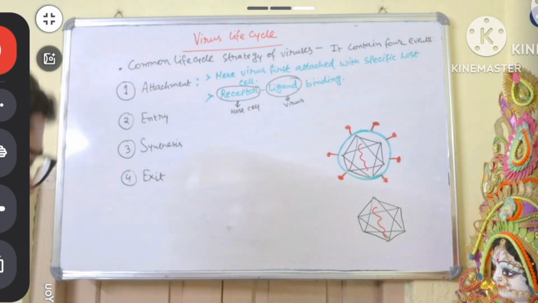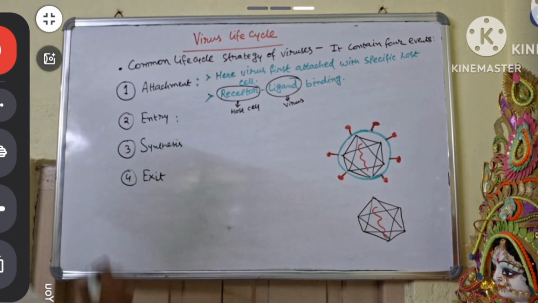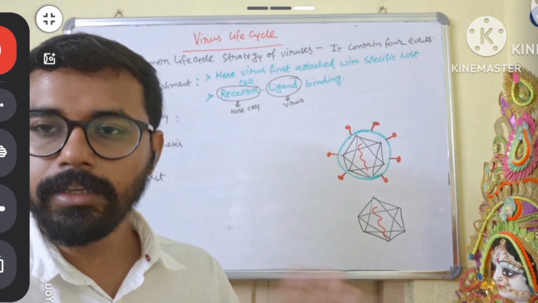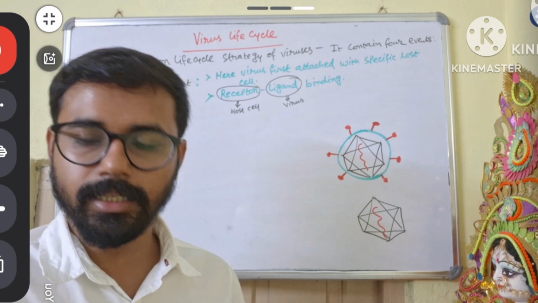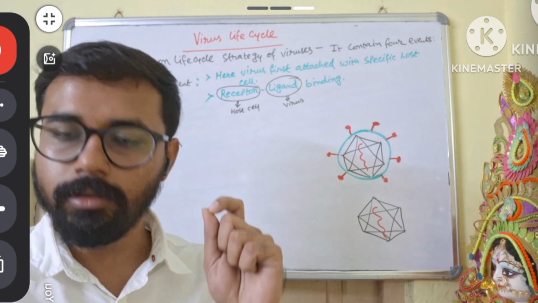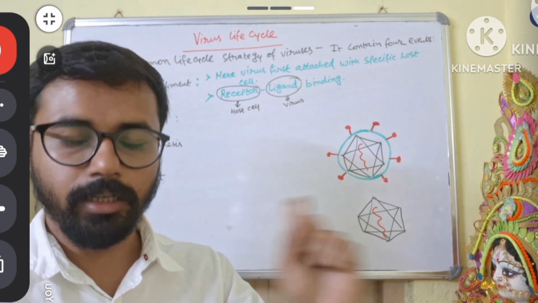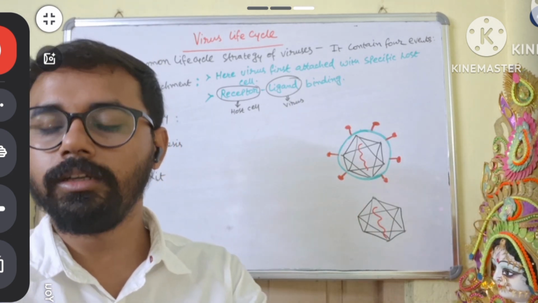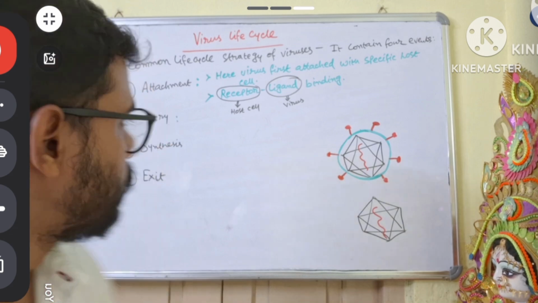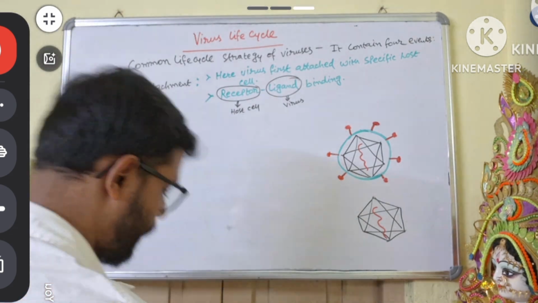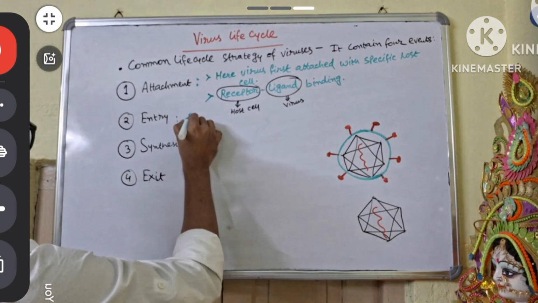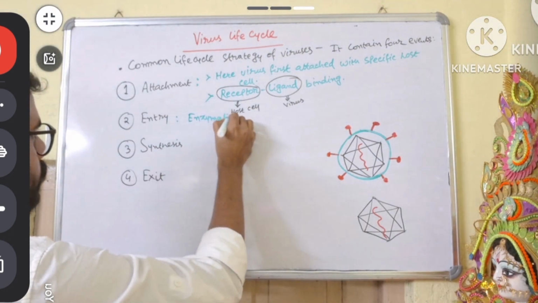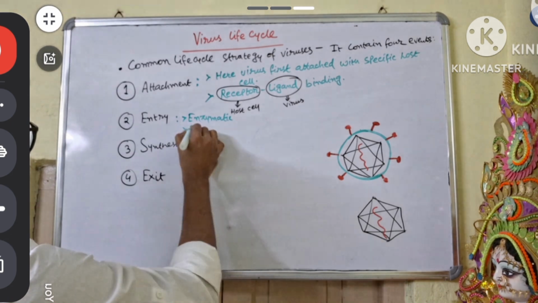Entry needs some enzymatic degradation, because if it is a bacterium, the outside contains a cell wall and cell membrane, so these should be digested, first the cell wall, then the cell membrane, and then it gains entry into the host body. So entry is done in an enzymatic way. Sometimes it is the endocytosis process.